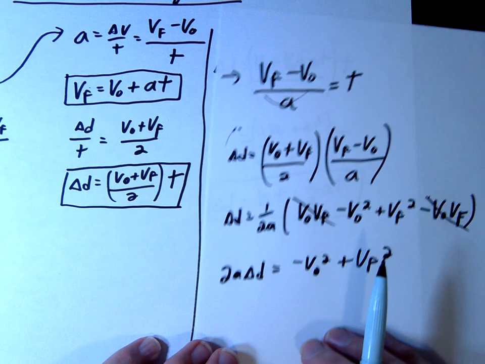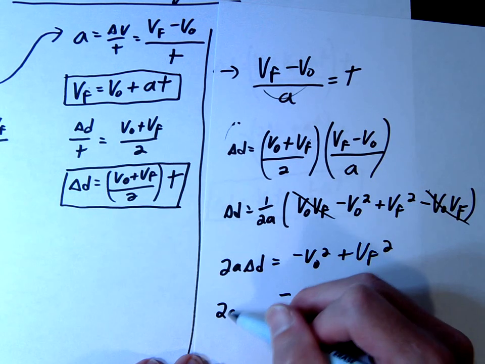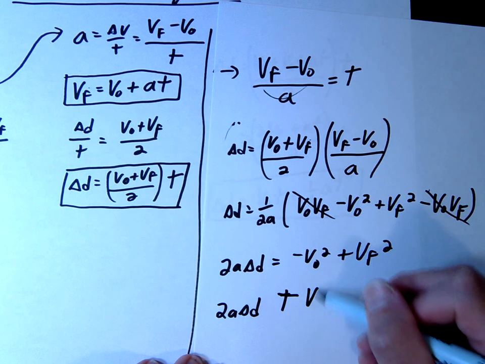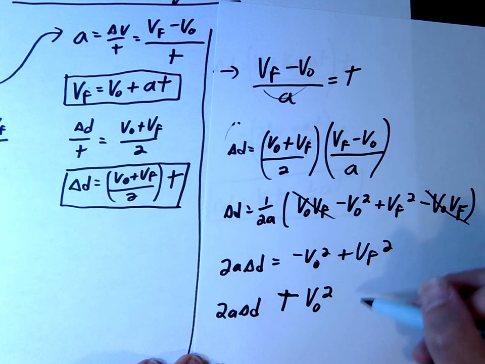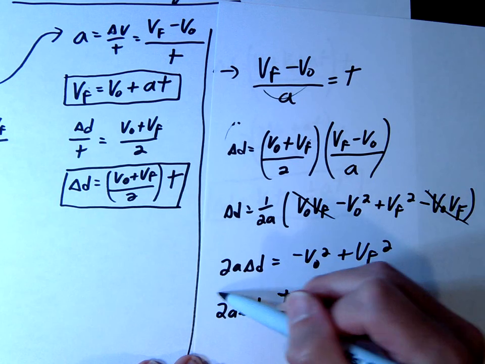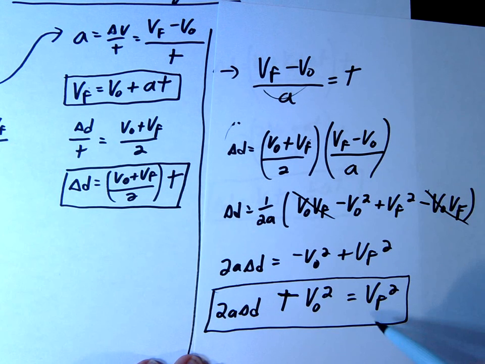And in the form we usually write this, we'll add vo squared to both sides. That gives us 2a delta d plus vo squared equals vf squared. If you look at your equations of motion, you'll see that this was number 4.